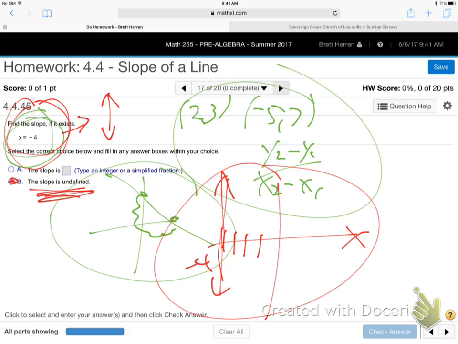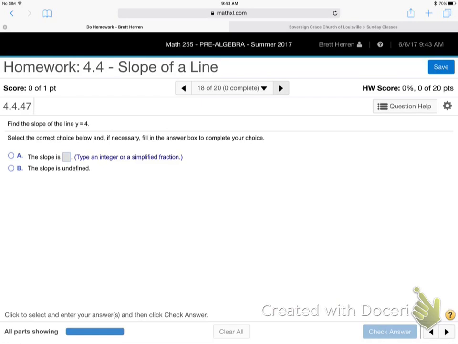All right. All right. So the slope of the line y equals 4. Try that one.